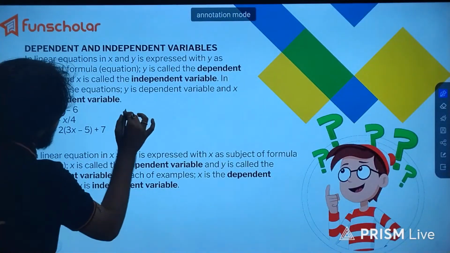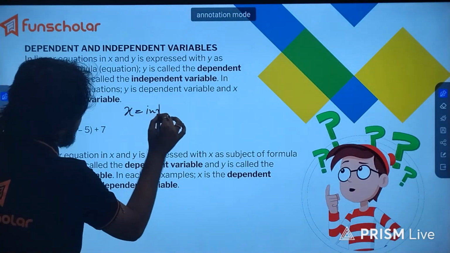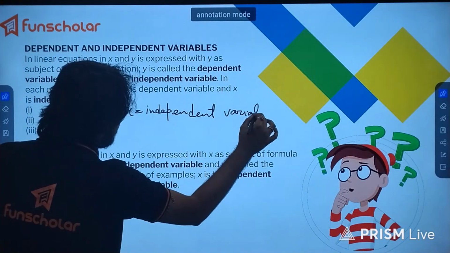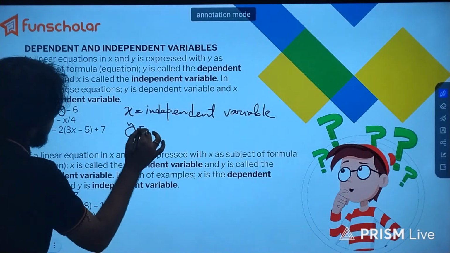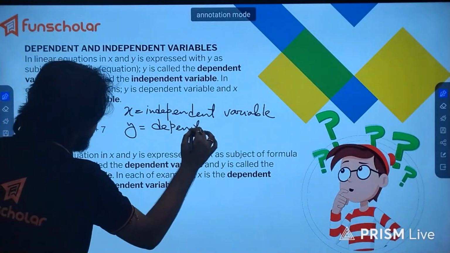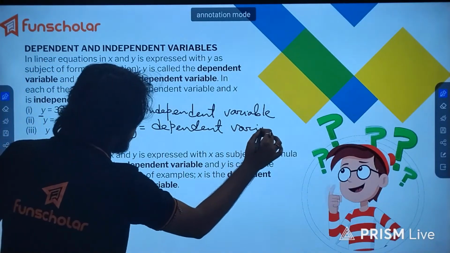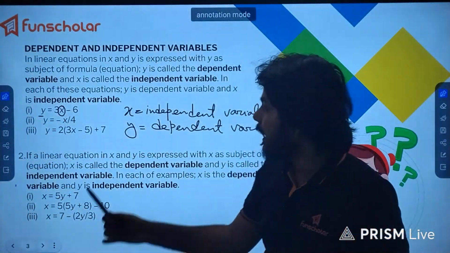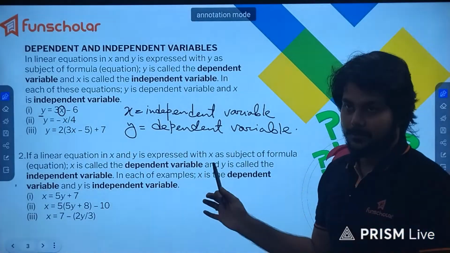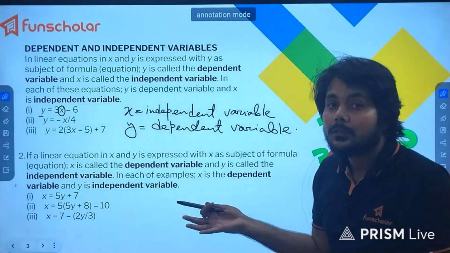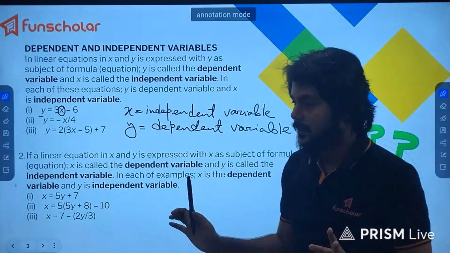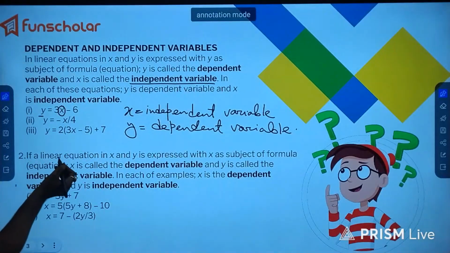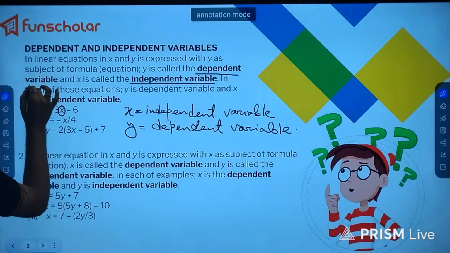So can we say that x is our independent variable and y is our dependent variable? Can we say it or not? We can obviously say it, because the value of y is dependent on the value of x. So here x will be termed as the independent variable and y is our dependent variable.